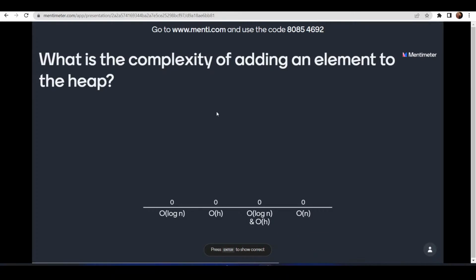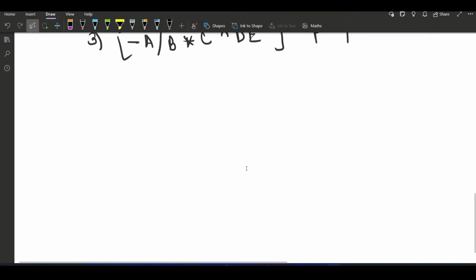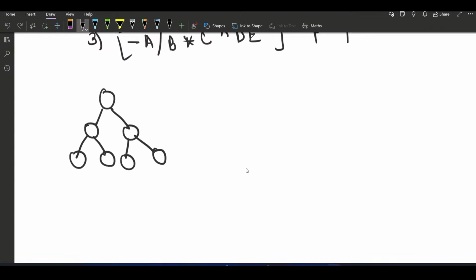What is the time complexity of adding an element to the heap? So considering the heap, here we can have two time complexities. Considering the two cases, suppose the heap is balanced. So in that case, suppose we have been given this balanced heap, okay, this is the given heap, 1 2 3 4 5 6 7, and here we have to insert an element, suppose 0.